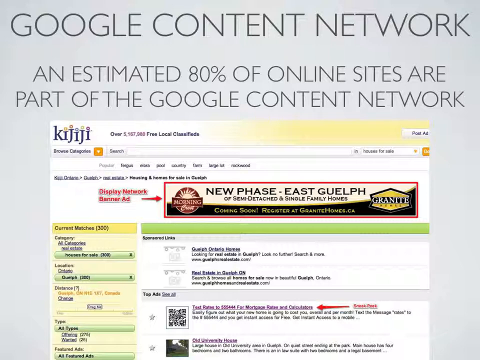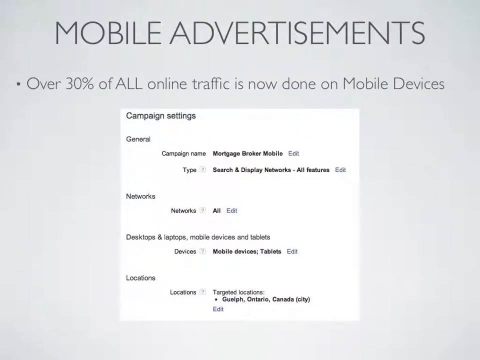So the email inboxes, the Google Content Network, and then mobile advertisements. Over 30% of all online traffic is now done on mobile devices. Smartphones have started to kind of take over our society, and we've figured out how to show ads just to people in our local marketplace.